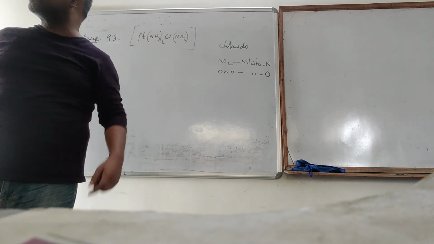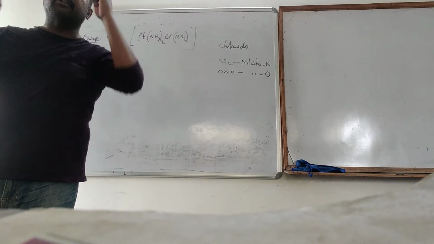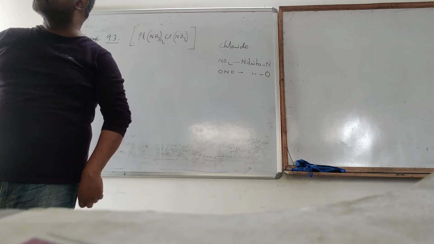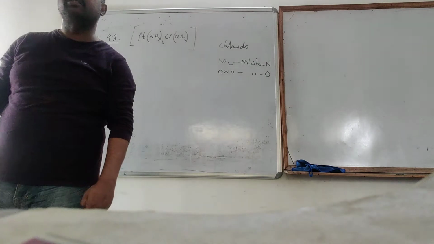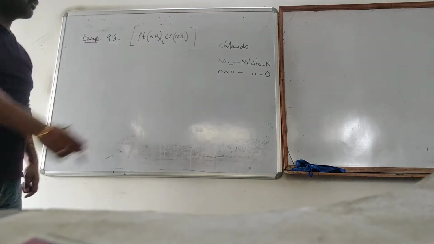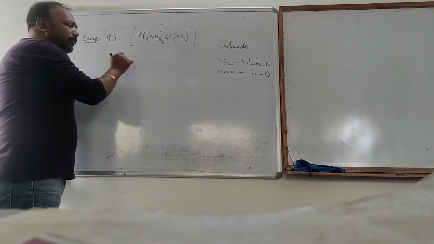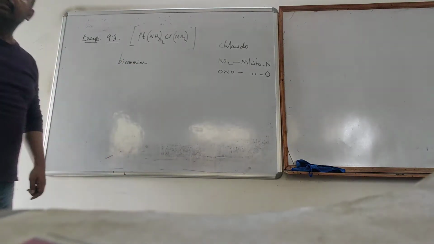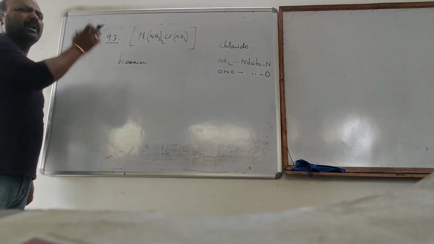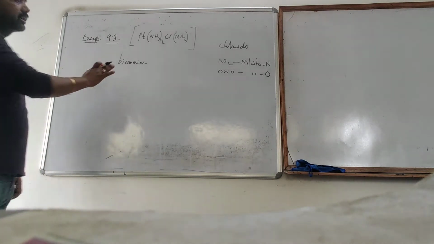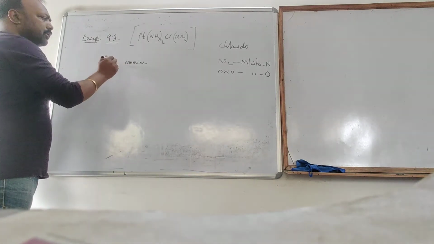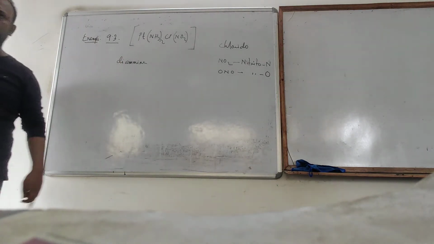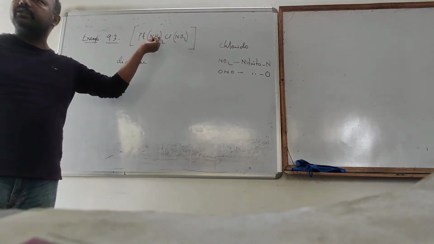If it is monodentate and 2 are there, we have to write di. So we write diamine. You can write diamine also, no issues. Diamine first.